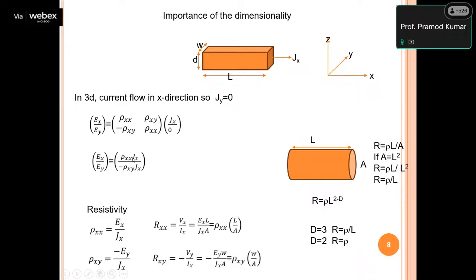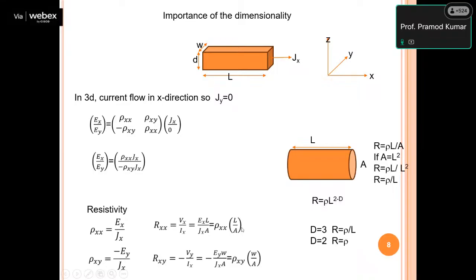Now, using these two equations, we can easily write resistivity rho xx equal to Ex by jx, and at the same time we can calculate the resistance, which we know is Vx by Ix, voltage in the direction of the current divided by current. That is Ex L, the electric field generated in the direction of the current, and jx A. So rho xx is basically L by A.